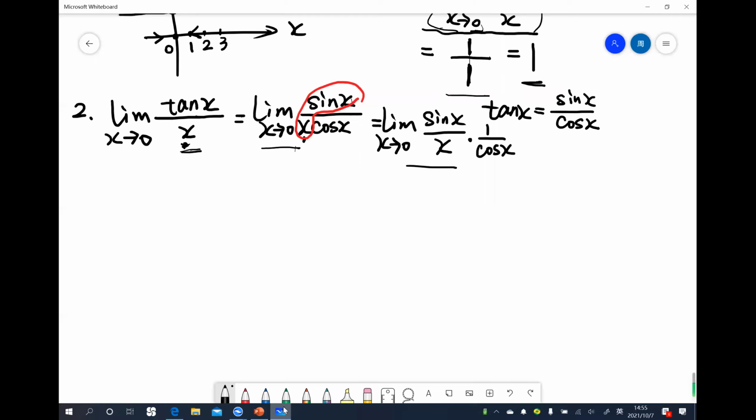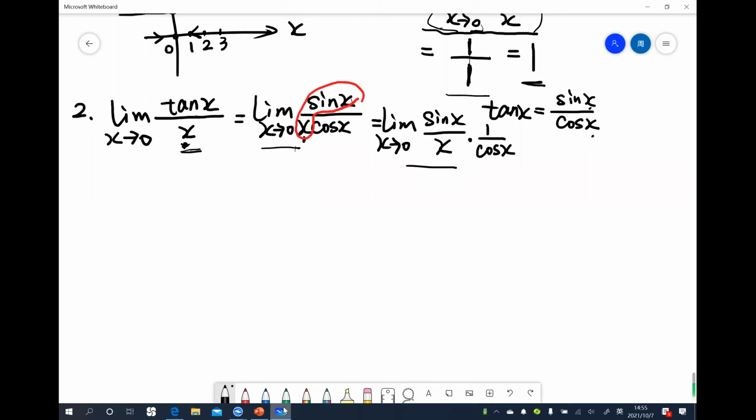Laoshi, I have a question. I didn't understand. Laoshi, you said tan x is equal to sine x divided by cosine x, and the question was tan x divided by x. As you rewrote it, you wrote sine x divided by x cosine x. I want to know why it wasn't divided by x, but multiplied by x. So you want to cancel x here?